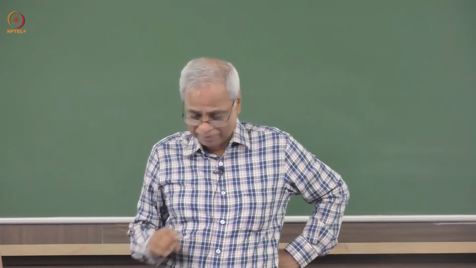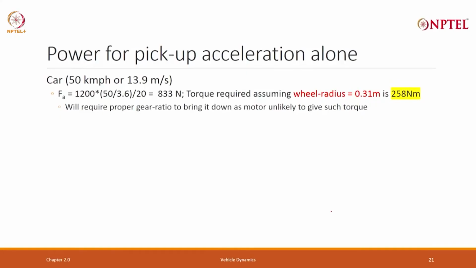And I do the same thing for a car. Car at 50 kilometer per hour or 13.9 meters per second, let us say in the same 20 seconds, my force requirement is now 833 Newton, but look at my torque requirement, it is 258 Newton meter. This is due to acceleration alone.